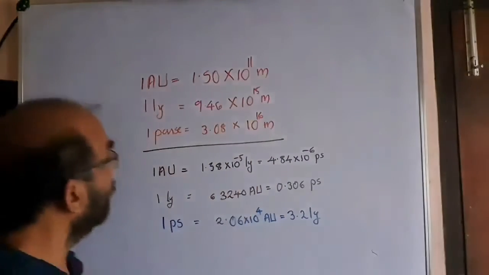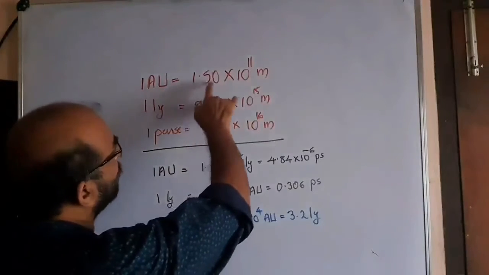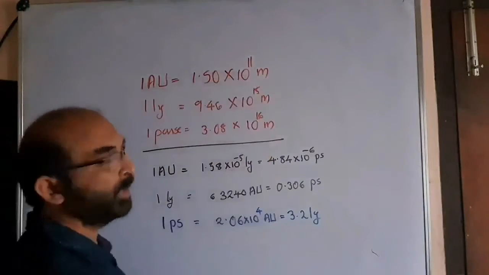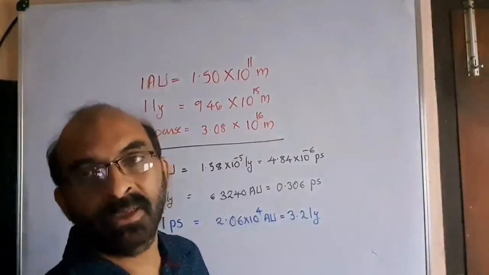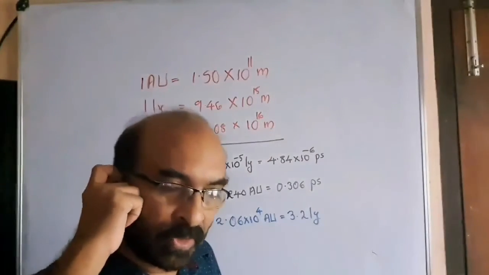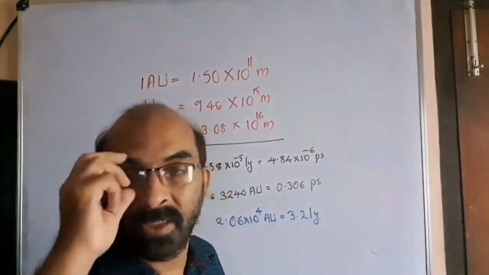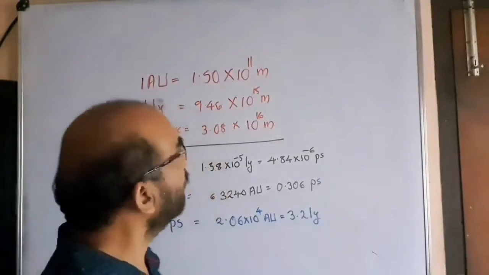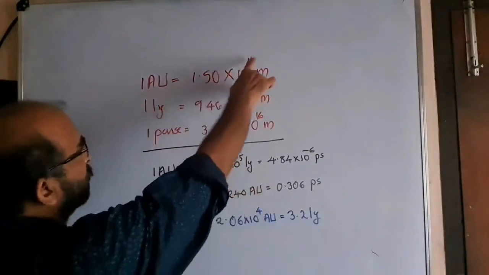It has been found to be nearly 1.50 into 10 to the power 11 meters. We are studying all in meter. Many times in questions it may appear in kilometer, so you have to take care regarding that. 1.50 into 10 to the power 11 meter.